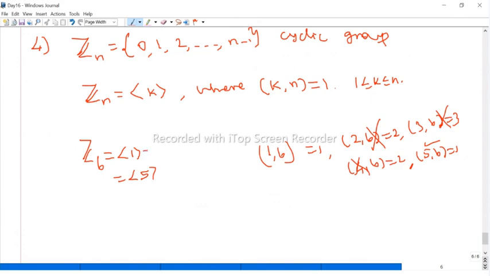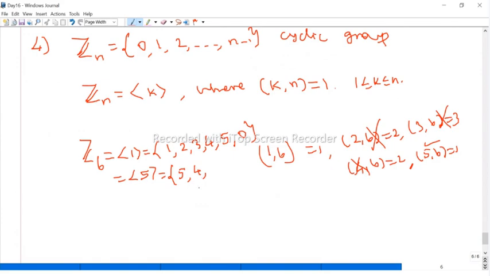Using this, if we take 1, 1 plus 1 is 2. Adding 1 three times, you get 3. Adding 1 four times, you get 4. Adding 1 five times, you get 5. Adding 1 six times, you get 0. So we get the entire group. Same thing here with 5. 5 plus 5 is 10, but 10 modulo 6 is 4.